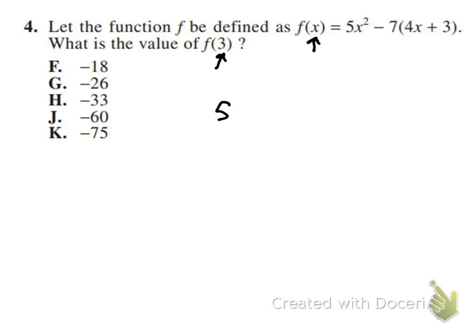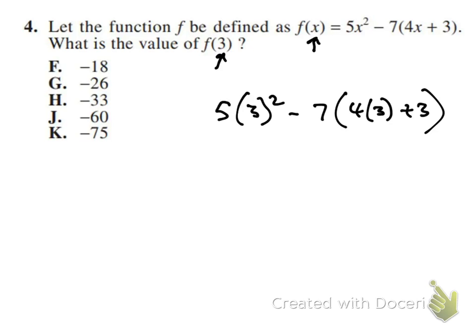So 5 times 3 squared minus 7 times 4 times 3 plus 3. Again, if you were using a calculator, use the parentheses exactly the way I just wrote this. 5 times 9 is 45. 12 plus 3 is 15. 7 times 15 is 85. Is that right?